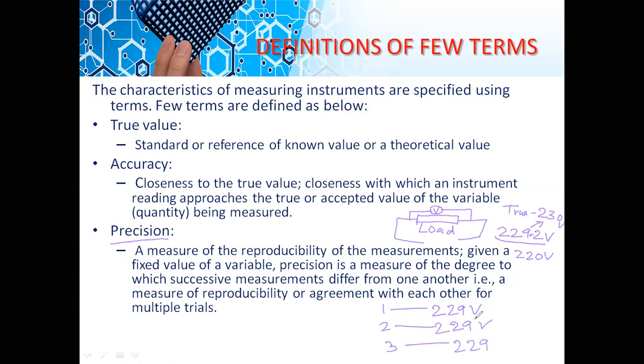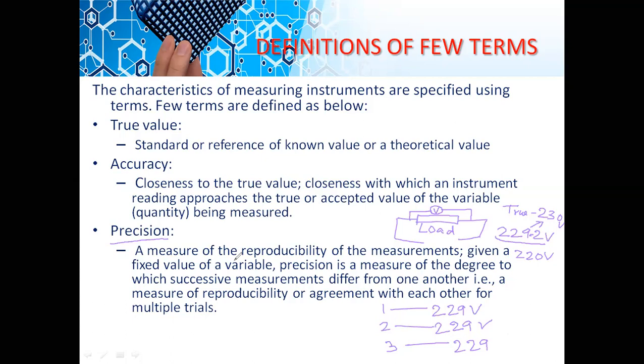So this is how, whatever be the number of times you use the meter for the same work, the same quantity, it should be exhibiting the same value. That means the meter is a precise meter.